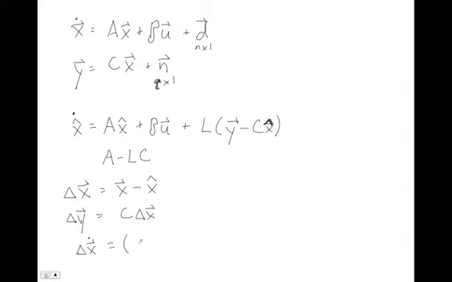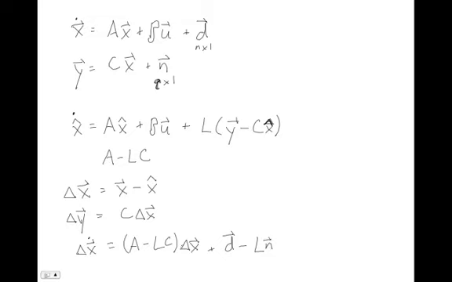If you write the dynamics of this system out, you get A minus LC times delta x plus the disturbance minus the observer gain times the noise.